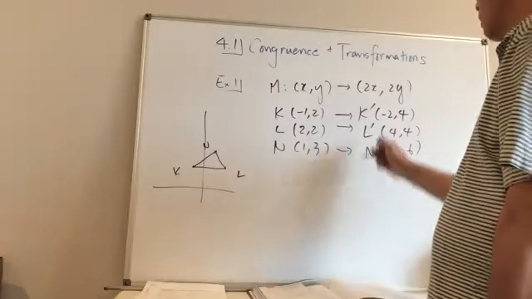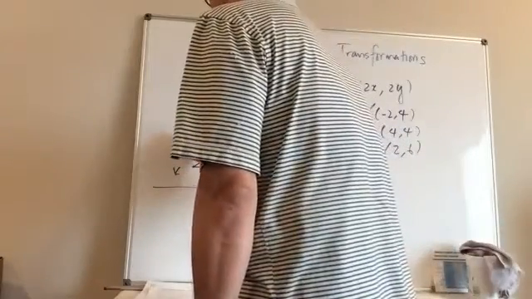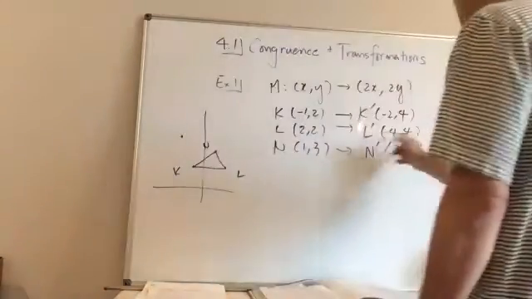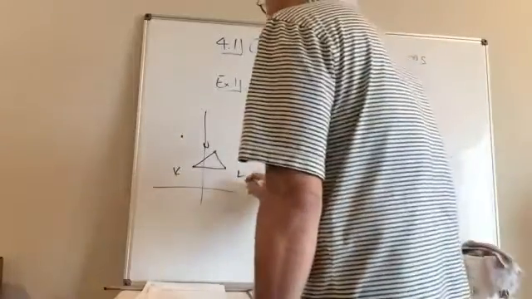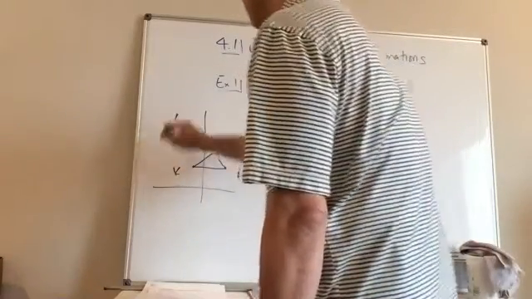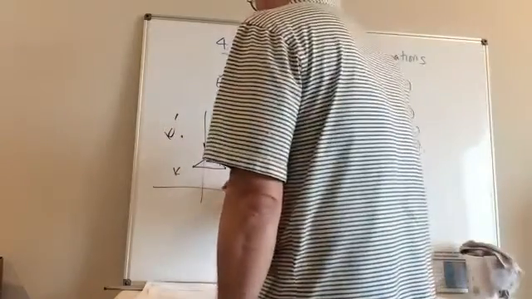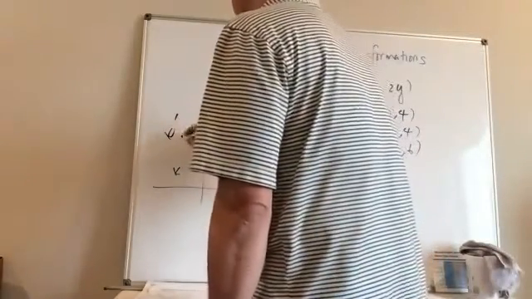K prime is -2 and 4. L prime is 4 and 4, so it's going to be about here. This was K prime. N prime is 2 and 6.